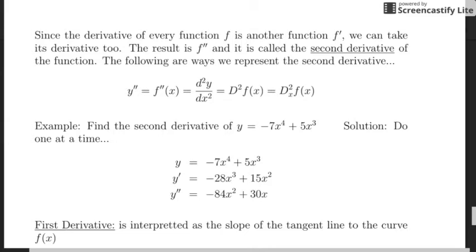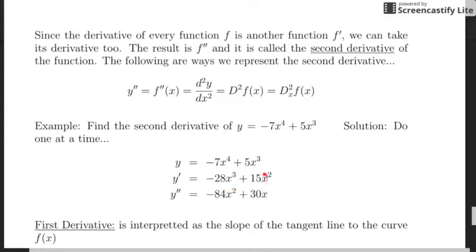What we're going to do here is find the second derivative of y equals negative 7x to the fourth plus 5x cubed. Just to illustrate how you do this, because this is not a big deal. For the first derivative, we bring down the exponent: 4 times negative 7 is negative 28x cubed. Then bring down the 3, so 15x squared.